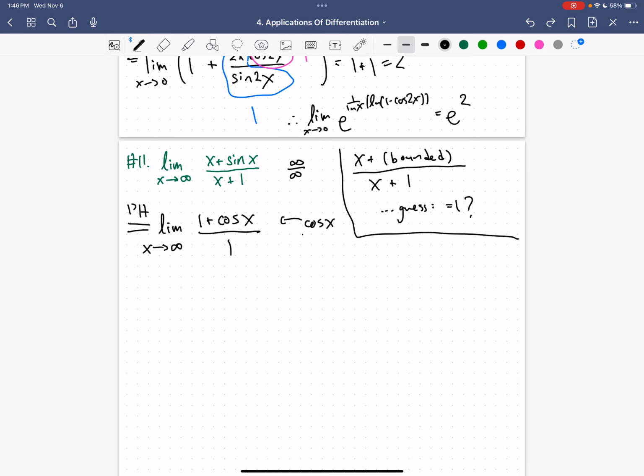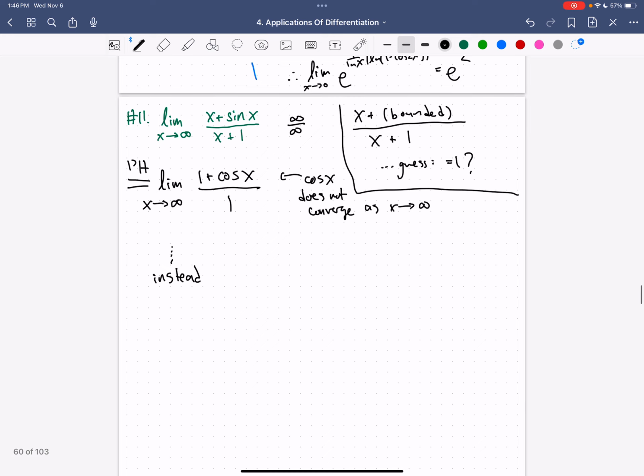Cos x does not converge as x goes to infinity, and so then we just have something weird. So actually, I'll show what we'll do instead for this one.